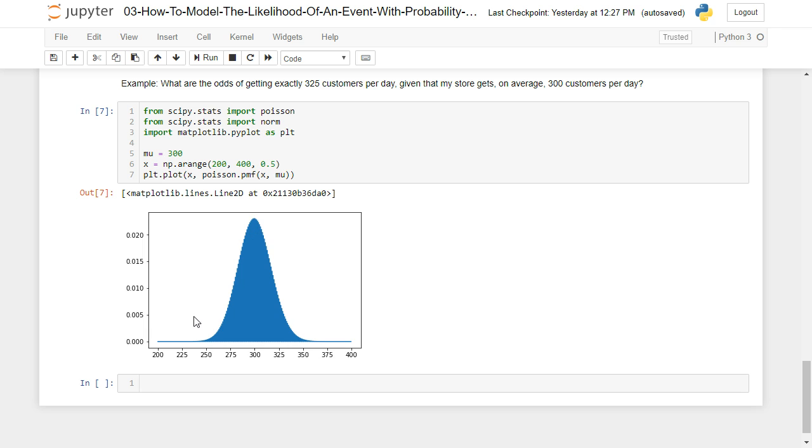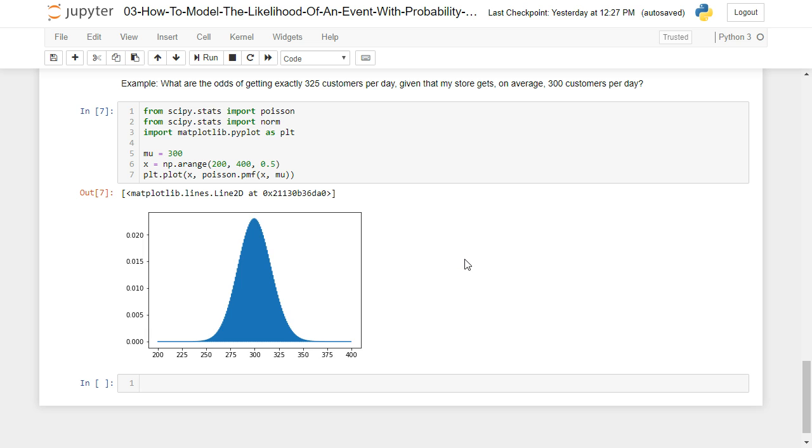And we're just plotting the Poisson distribution, all right? And so if we look at where 325 falls on this curve here, the odds are looking to be somewhere around 0.7%.